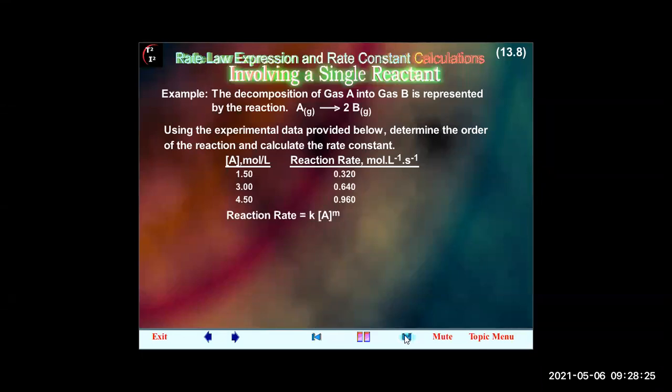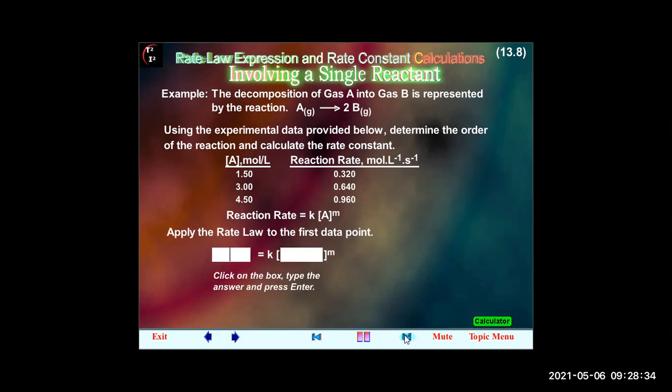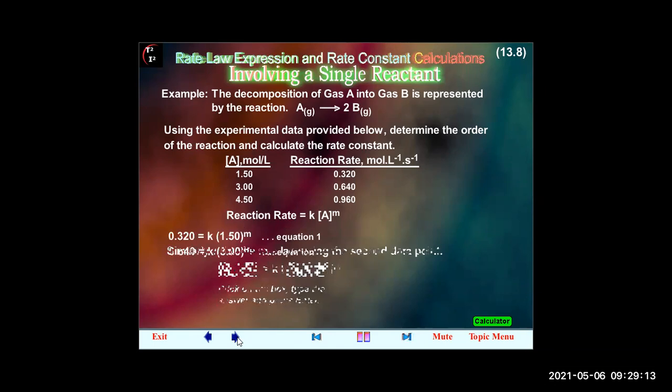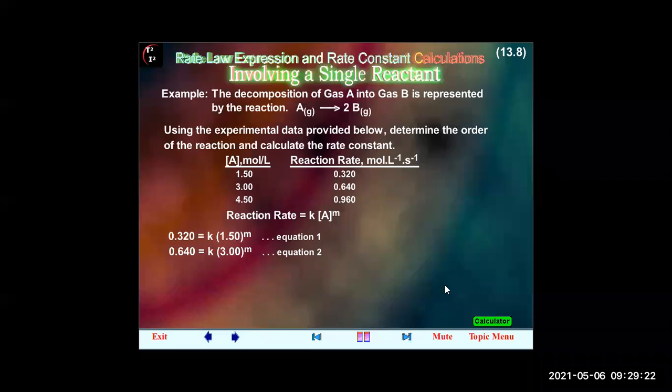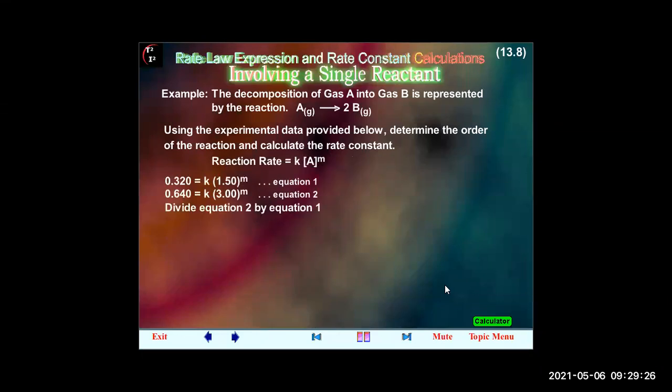Reaction rate equals K times the concentration of A raised to the power of M. Apply the rate law to the first data point. .640 equals K times 3.00 raised to the power M. Divide equation 2 by equation 1.